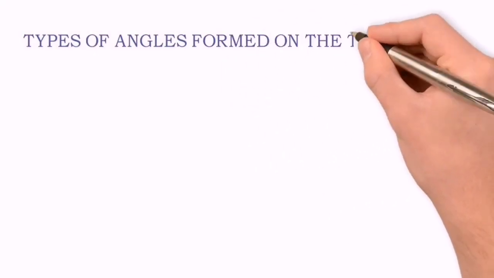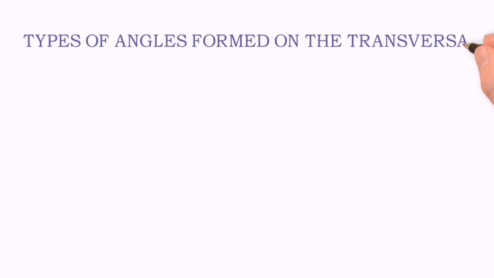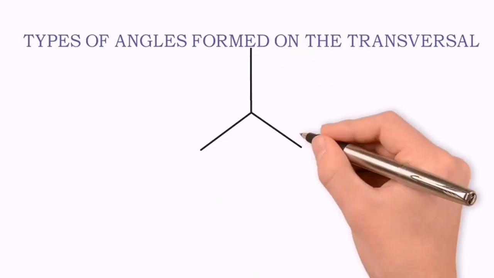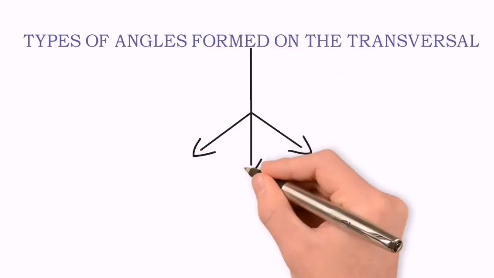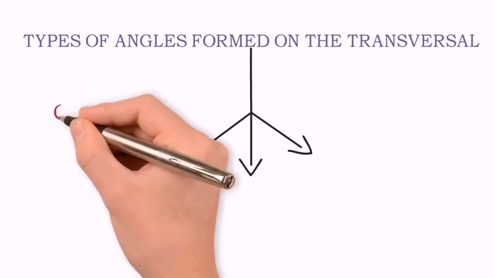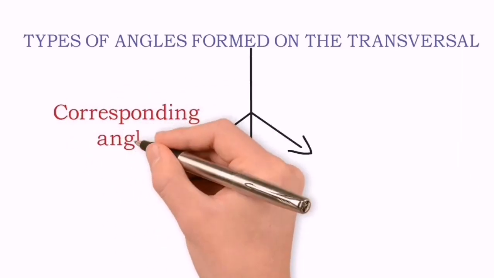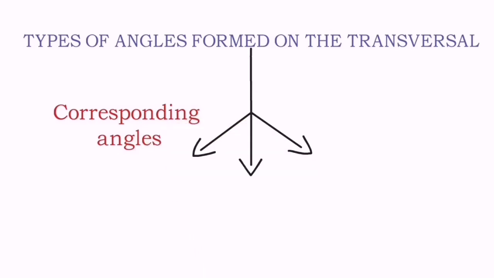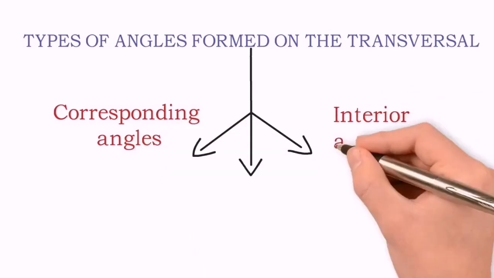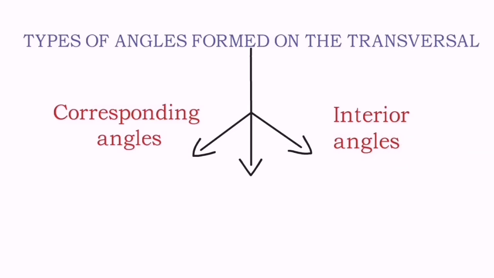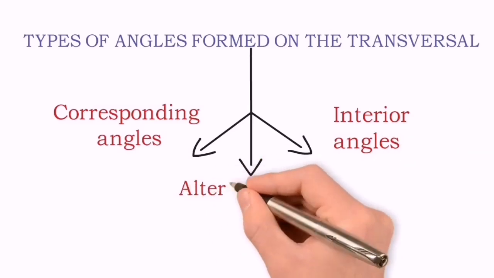Types. Let's find the types of angles formed on the transversal now. There are three main types of angles formed on the transversal. The very first of them is corresponding angles. The second one is interior angles, right? Interior angles means these angles are formed in between the lines.